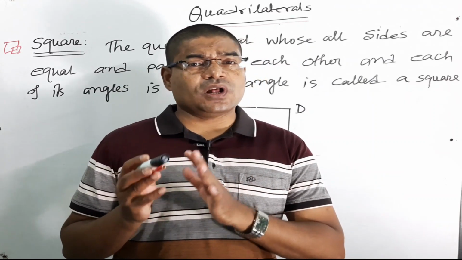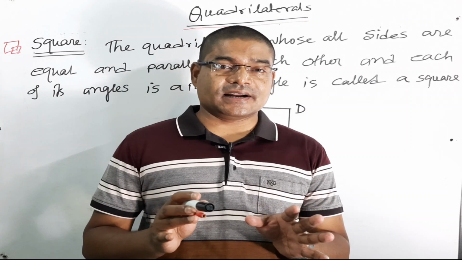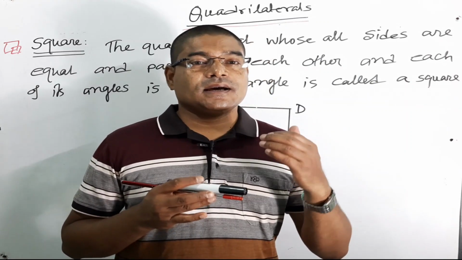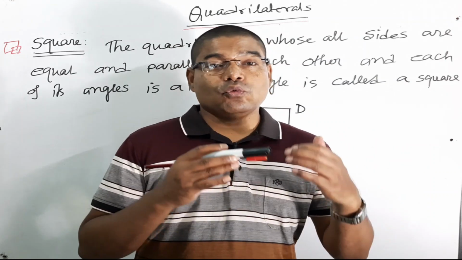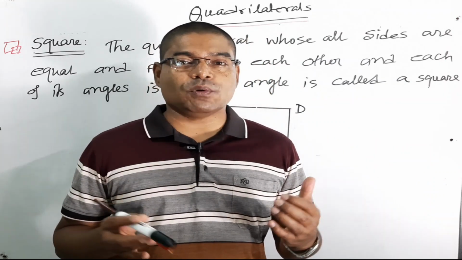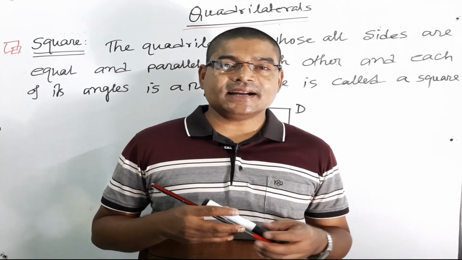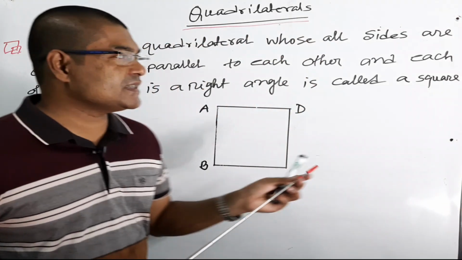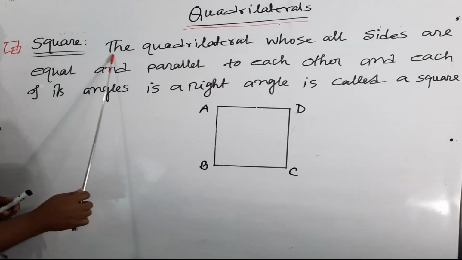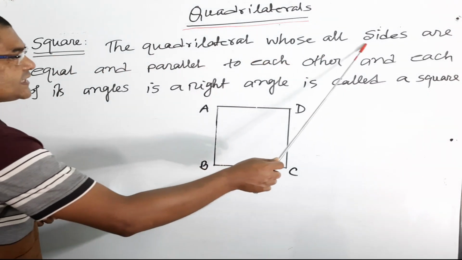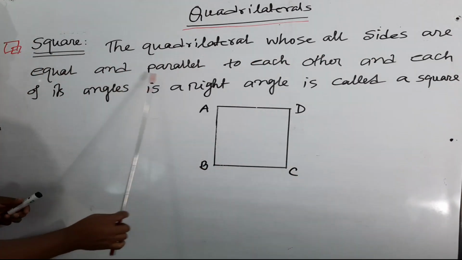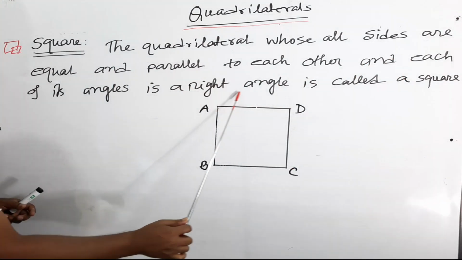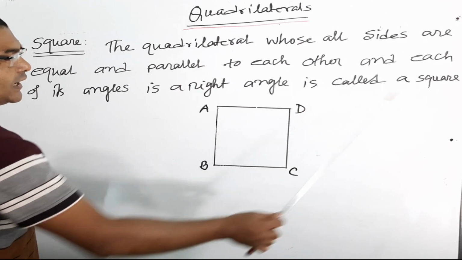A square is also a quadrilateral whose all sides are equal and all angles are 90 degrees is called a square. Please follow the board. You can see here is the quadrilateral whose all sides are equal and parallel to each other, and each of its angles is a right angle, is called a square.